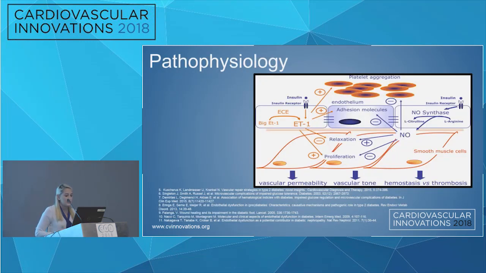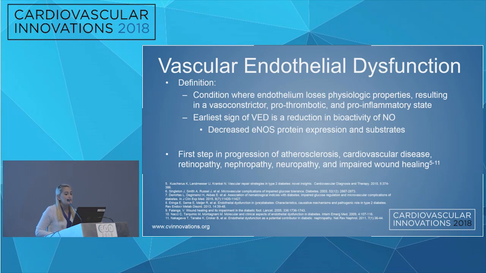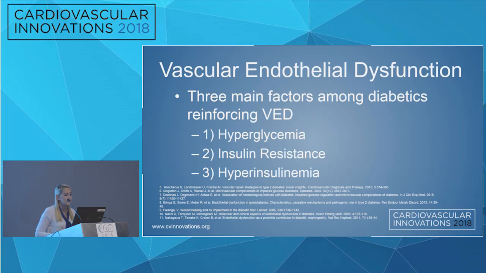Just another pathophysiologic slide. So vascular endothelial dysfunction is what leads to our critically ischemic patients, and the definition is where endothelium loses its physiologic properties. This results in a prothrombotic, pro-inflammatory state, and it can be the first step to the progression of atherosclerosis, cardiovascular disease, retinopathy, etc., all of these symptomologies that we see in our diabetic patients.